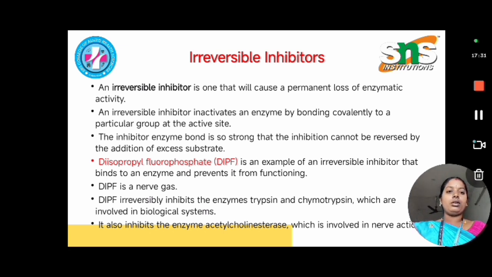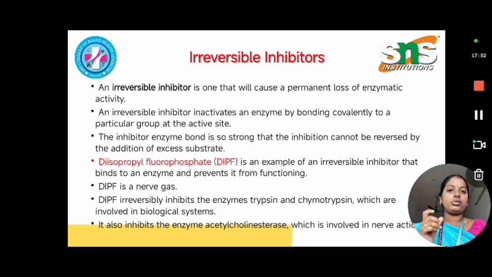One such example of an irreversible inhibitor is DIPF, that is diisopropyl fluorophosphate. This is an inhibitor which binds to the enzyme and prevents it from functioning, and DIPF is a nerve gas. So it irreversibly inhibits the enzyme.